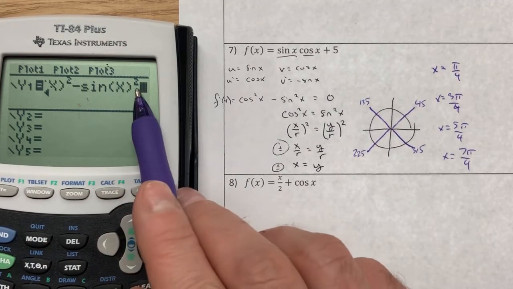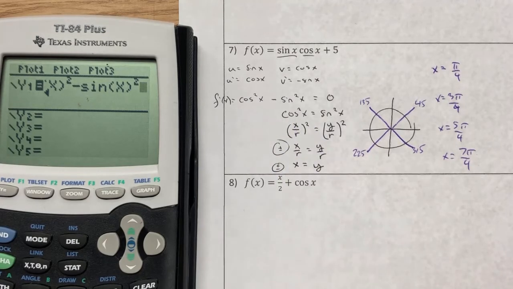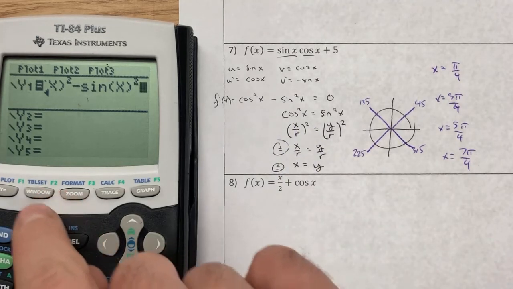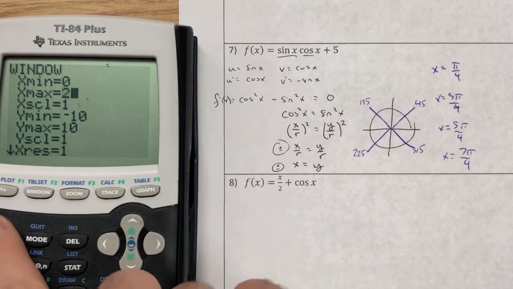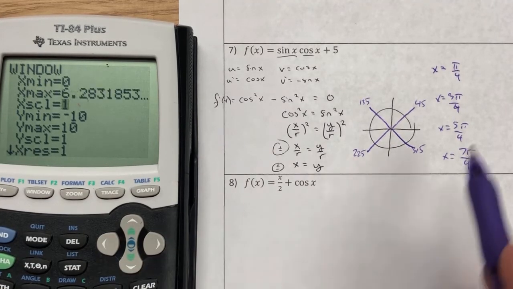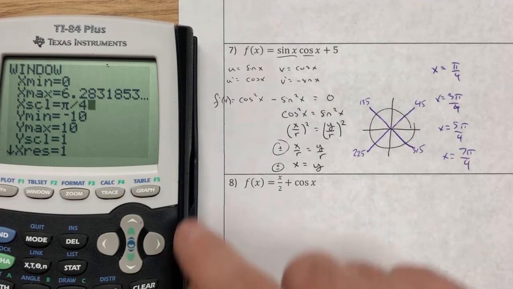Remember, with the calculator, I can have the square over here, and that's equivalent to when we write it with the squared in there. And I'm going to set it from 0 to 2 pi. And because I'm dealing with increments of 45 degrees, I'm going to do that in increments of pi over 4.